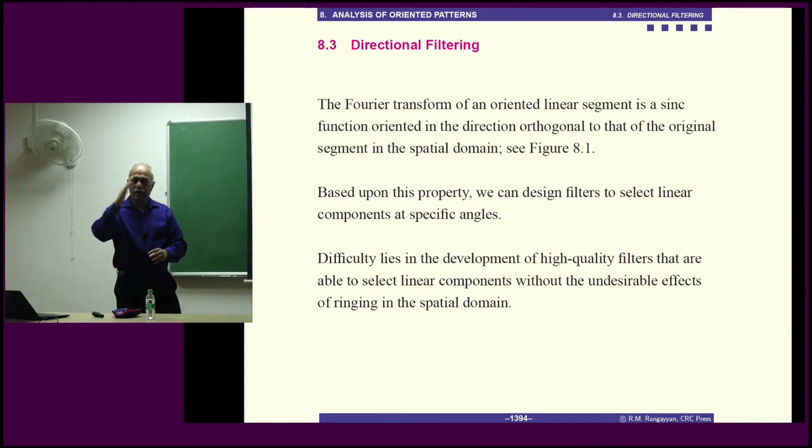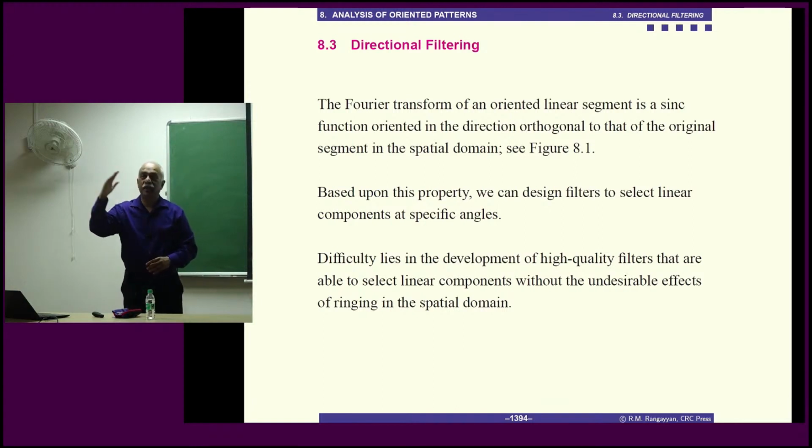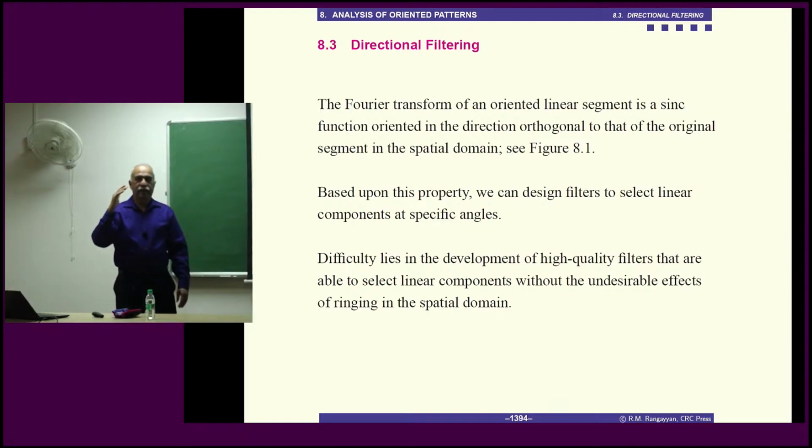Now displacement, if there are several lines at multiple displacements for the same angle, they will all add up and the Fourier transform will have energy in the same angle band, all of them combined in the same angle band. If you take the magnitude spectrum, phase is different.